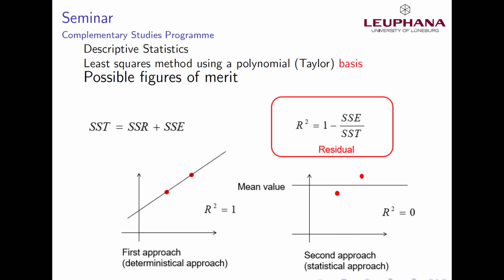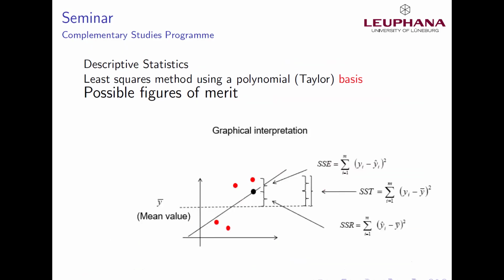It cannot be more than 1. In any case, SSE cannot be larger than SST, because otherwise R square would not be positive. R square is positive because it's SSR divided by SST, and both are positive because they are squared.